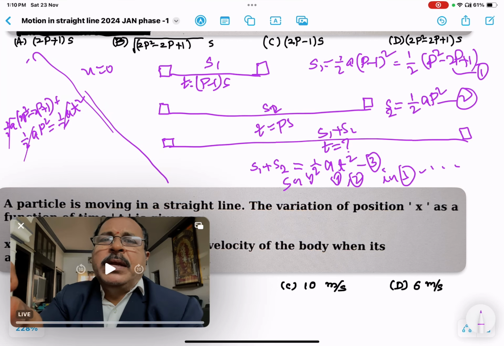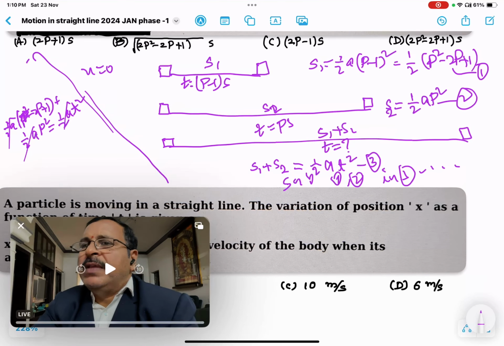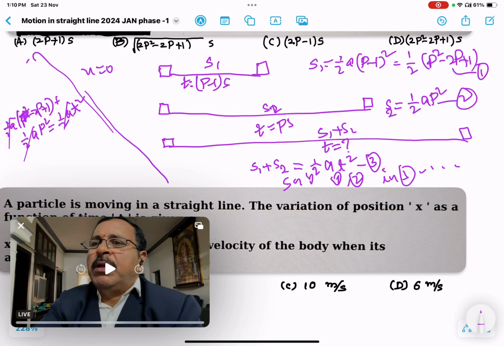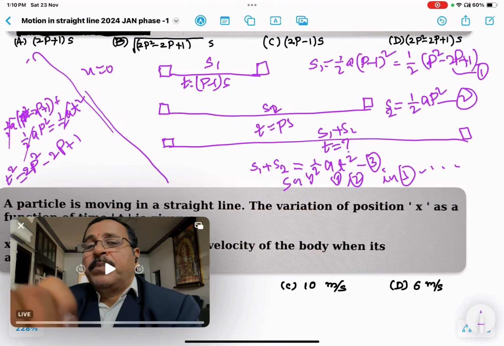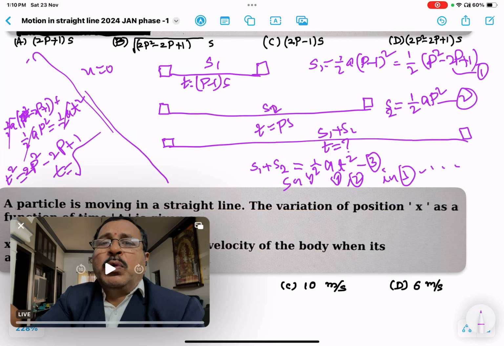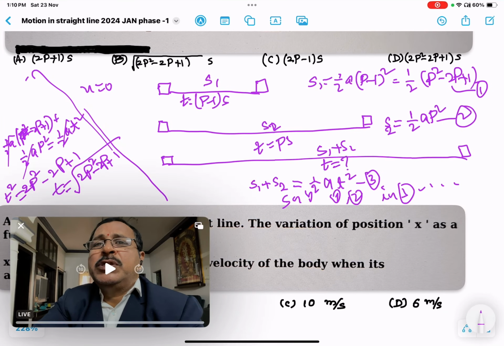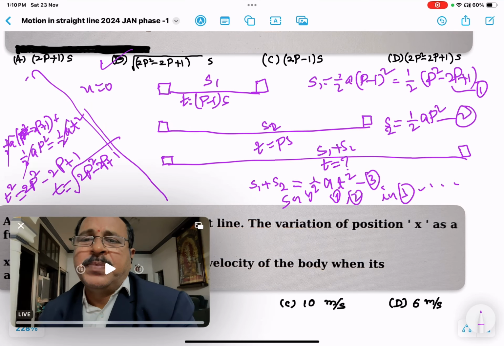Then p square, this is also p square here, and in the previous case it is p square minus 2p. So t square is 2p square minus 2p plus 1. Therefore t equals under root of 2p square minus 2p plus 1. So the option is B.